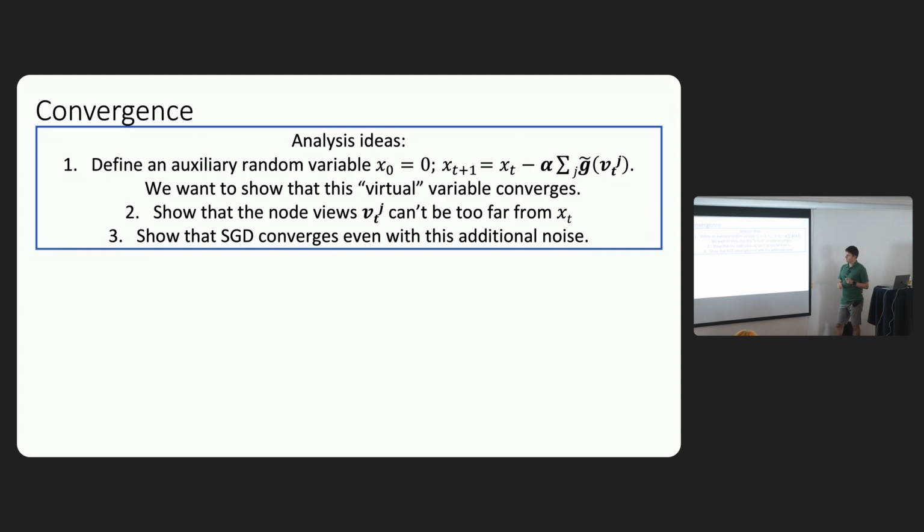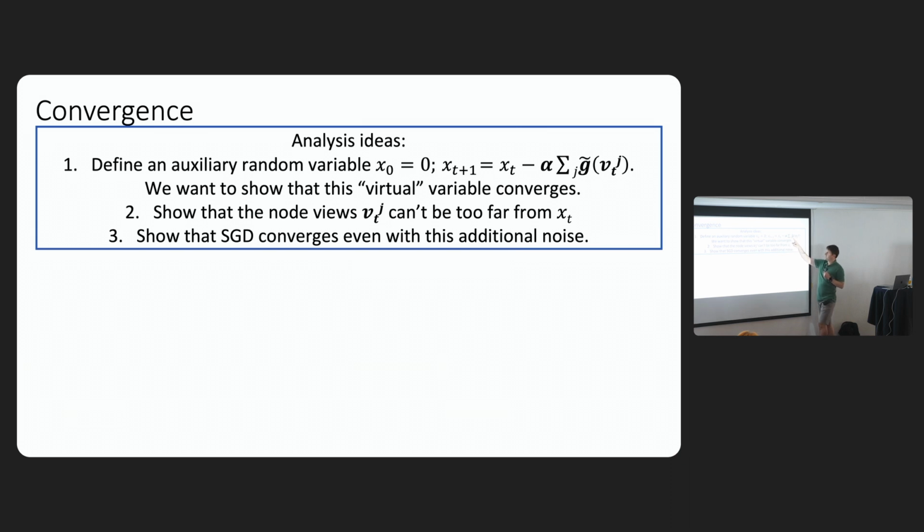So the basic analysis idea, which I'm going to follow in a couple of instances for the rest of this lecture, is that we're going to define an auxiliary random variable, which I'm going to call x, for the true iterate in some sense, as opposed to the views. What X is going to be doing is summing everything that was received by anyone.